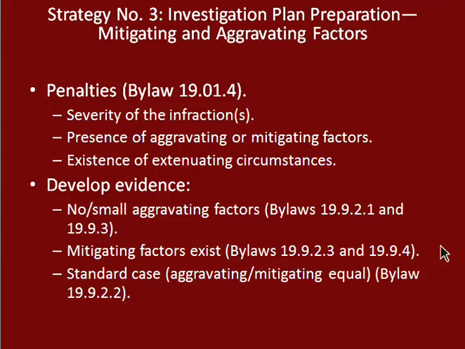So essentially, to be successful in this process, you want to try to develop evidence, if it is there, that you can show that the case is either a standard case or a mitigation case. Now, sometimes, unfortunately, there won't be sufficient evidence to be successful at arguing either a standard or mitigation case, but you have to think at the very beginning of your investigation plan, to develop that if it does exist out there and make sure it's part of the record.